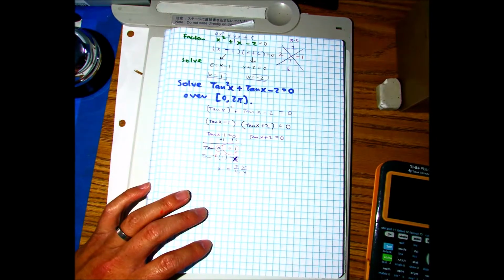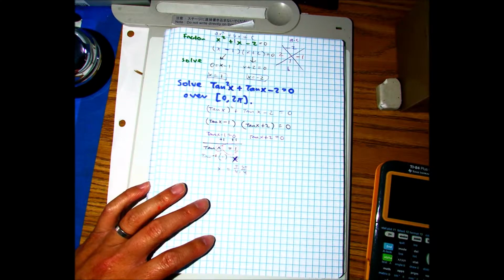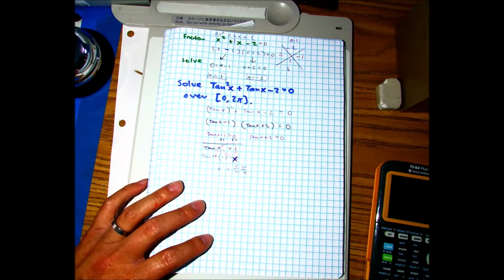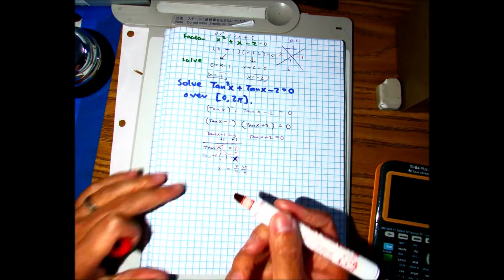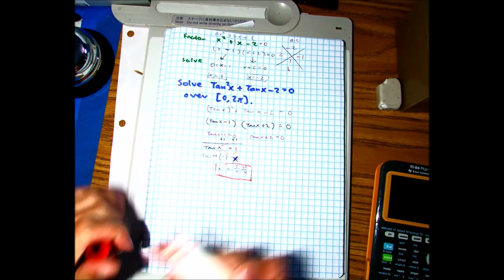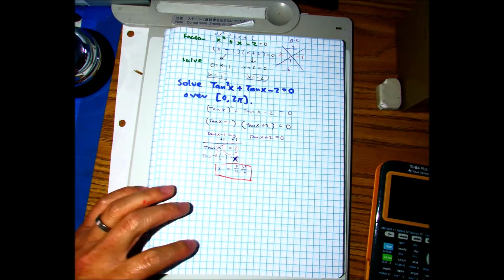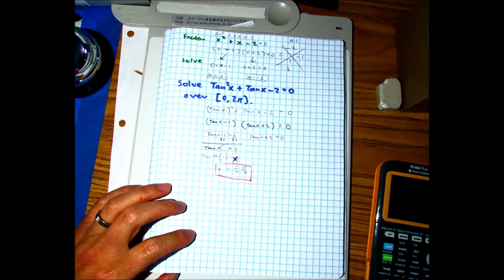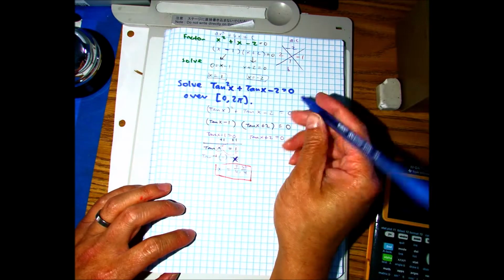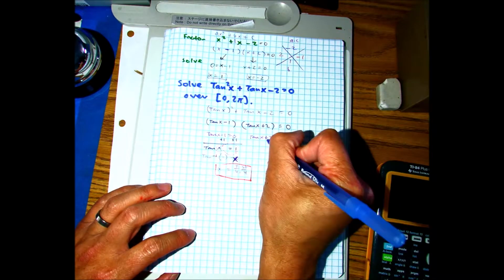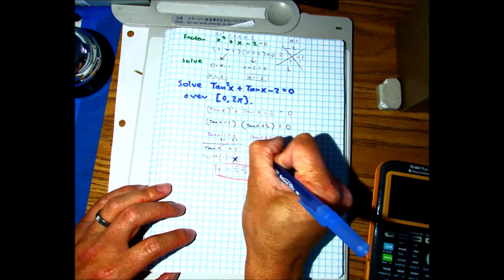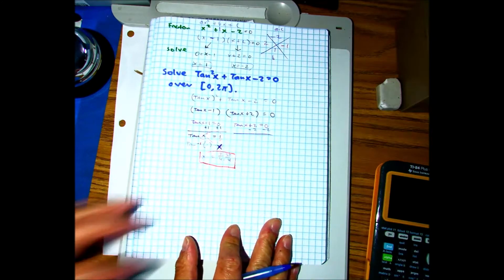Okay, let's solve the other side now. Class, how do I solve for x? Now what?